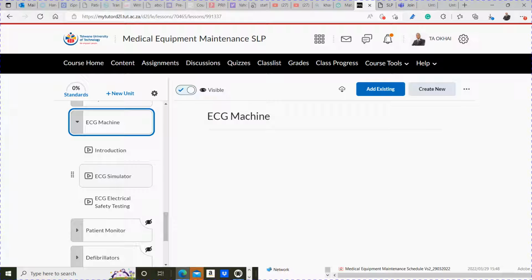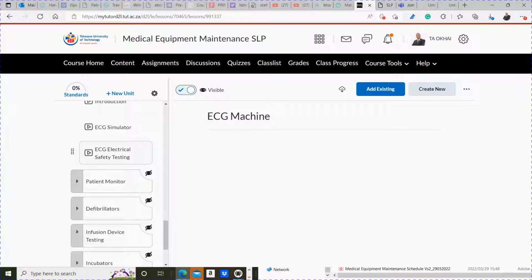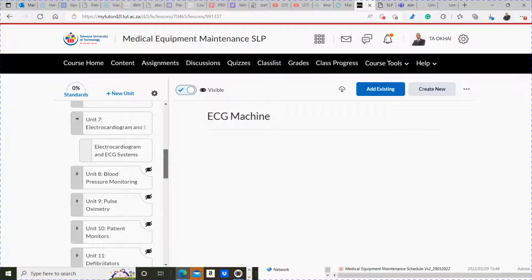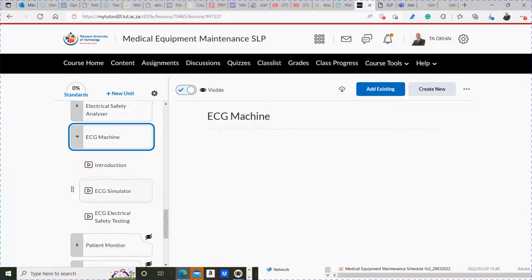Willem will be familiar with this model of the simulator that is used here, and also with the ECG electrical safety testing, because it's a similar equipment to what you have in your workshop. Okay, so that's what you will do for today. The PowerPoint theory side and the practical side.